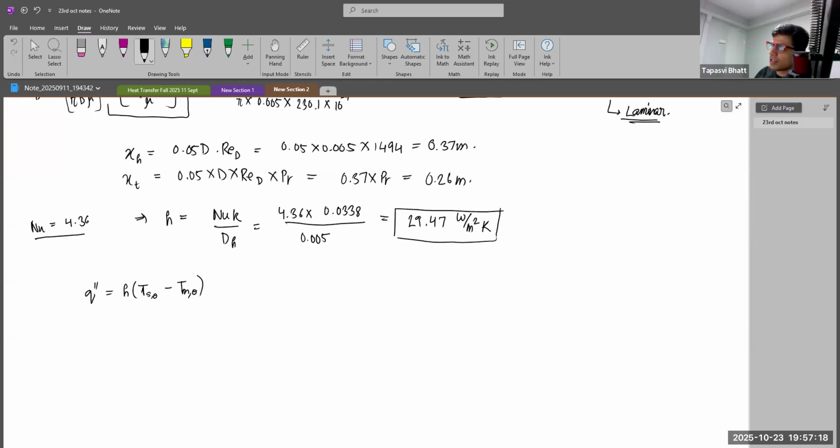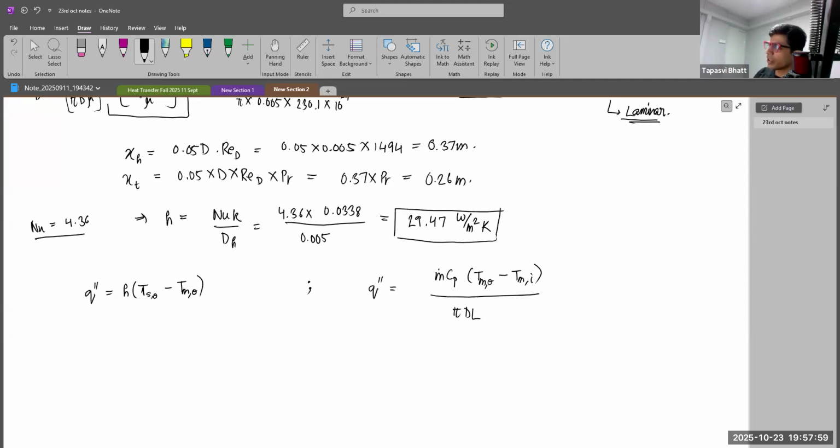This is how the heat flux equation works for convection. Now you can also use the energy balance, which states that q is m dot times Cp times T mean at the outlet minus T mean at the inlet. This is the overall temperature difference from the inlet to the outlet, and you divide it by the surface area, so pi times d times L.